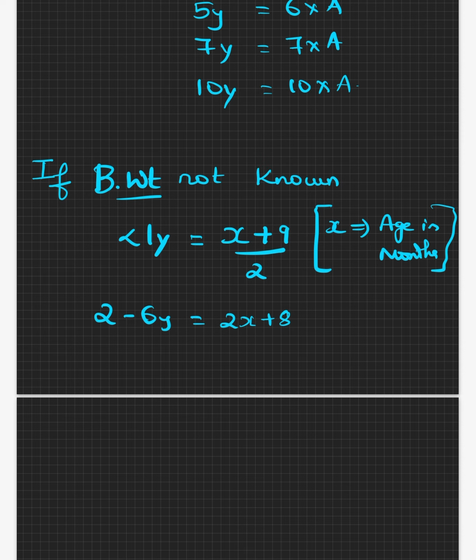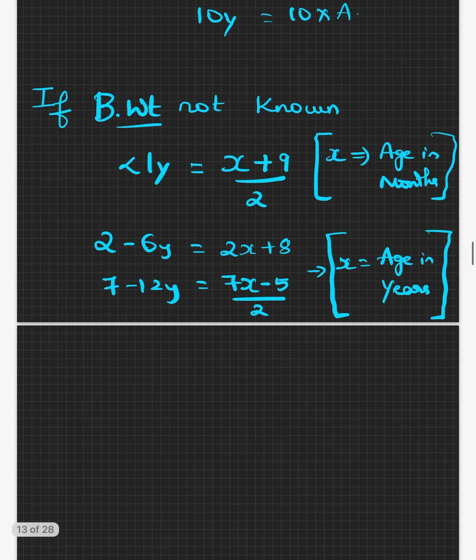Then from 7 to 12 years, 7x, 7 minus 12 is minus 5, so (7x minus 5) by 2. I am telling this so you remember; there is no logic behind this. (7x minus 5) by 2 is the formula for expected weight if we don't know the birth weight, where x is age in years.